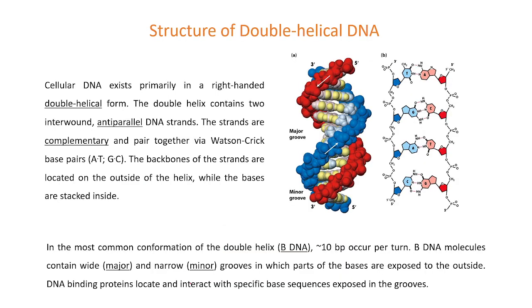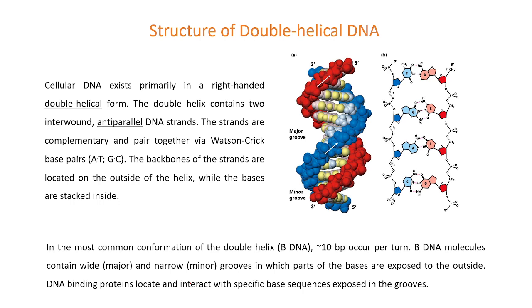So we see that the cellular DNA exists in the right-handed double helical form. You have the A DNA, B DNA, and Z DNA, but the most common type is the B DNA molecule.